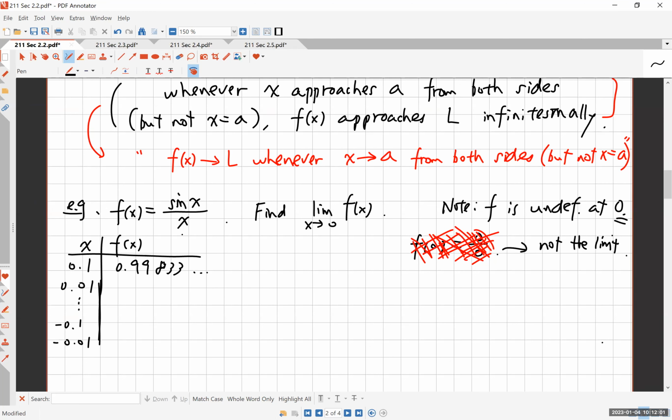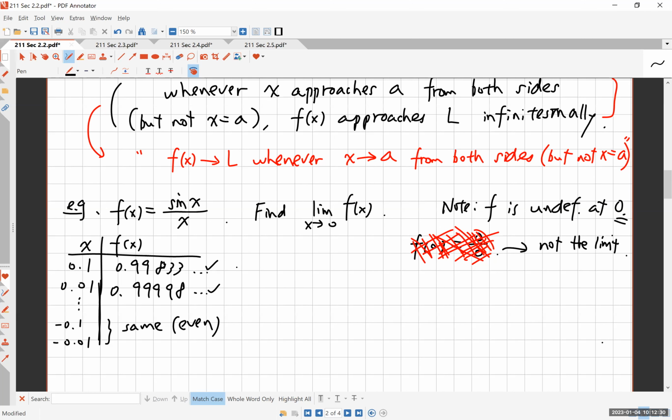Now again, enter sine of 0.01 divided by 0.01, and you will see 0.99998. The negative side, of course, will be the same, because when you put negative x in here, you have negative sine of x over negative x. So this is an even function, and so these will be the same as these values.